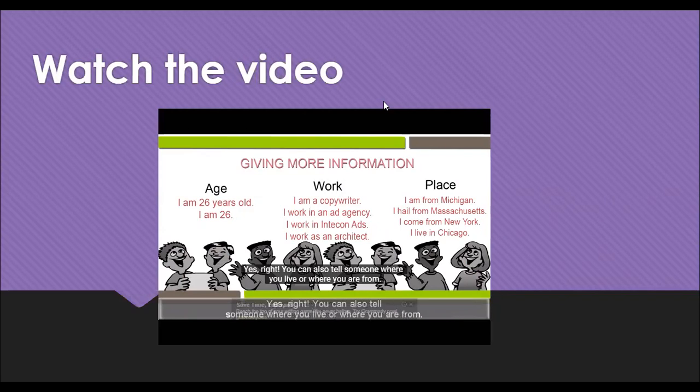Yes, right. You can also tell someone where you live or where you're from. To tell someone your origin, you could say, I'm from Michigan, or I have come from Michigan. You can also tell the person where you live right now, like, I live in Chicago. And telling someone where you live or where you've been, this can be a great conversation starter as they may have something to relate to you.